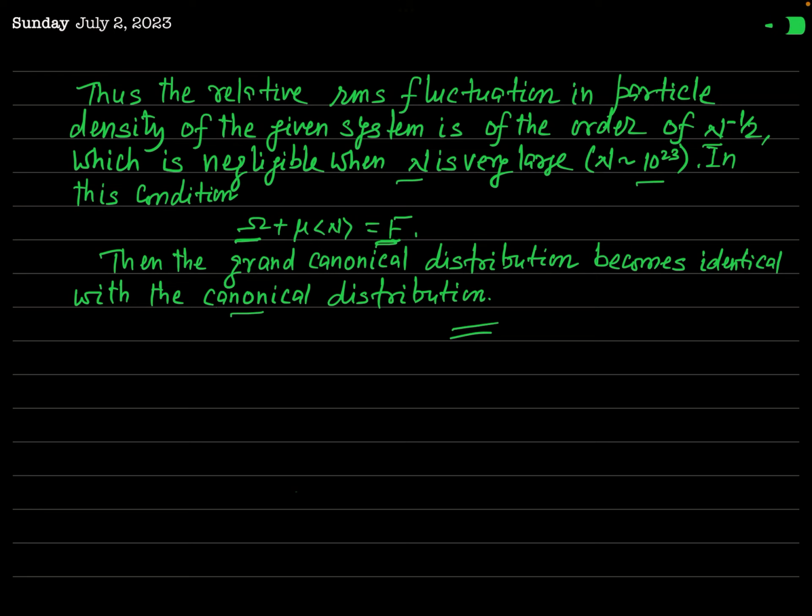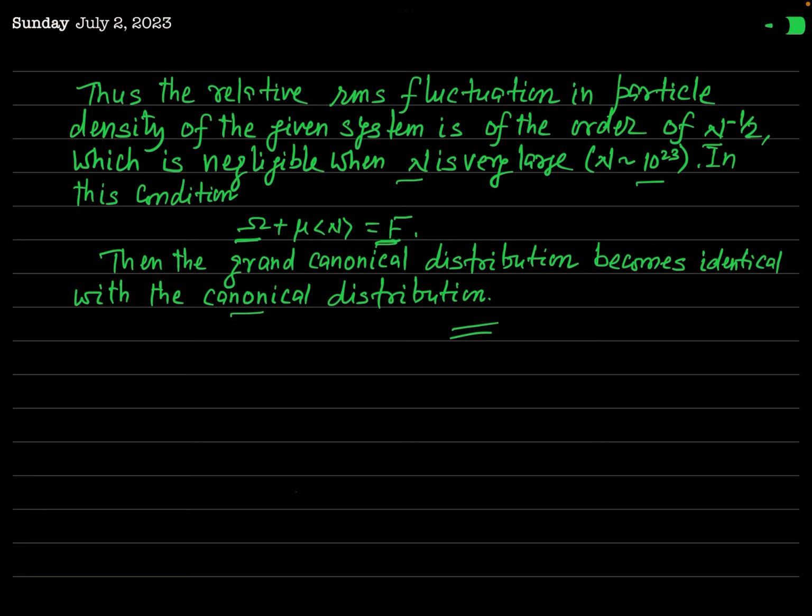However, there are some exceptions like phase transitions or the critical region, which you will learn in my lectures on phase transition. In the critical region of a phase transition, the fluctuations become very large.